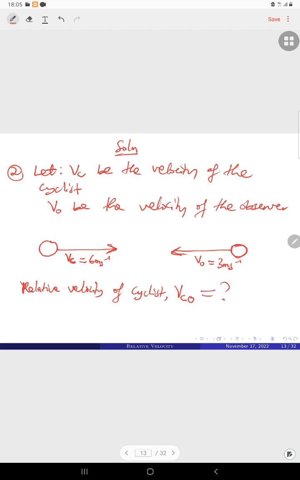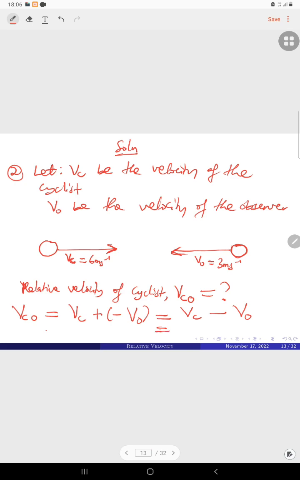That is how you write it. So how do you find VCO? It's VC plus the minus of what? VO. And this is VC minus VO. Are you following?